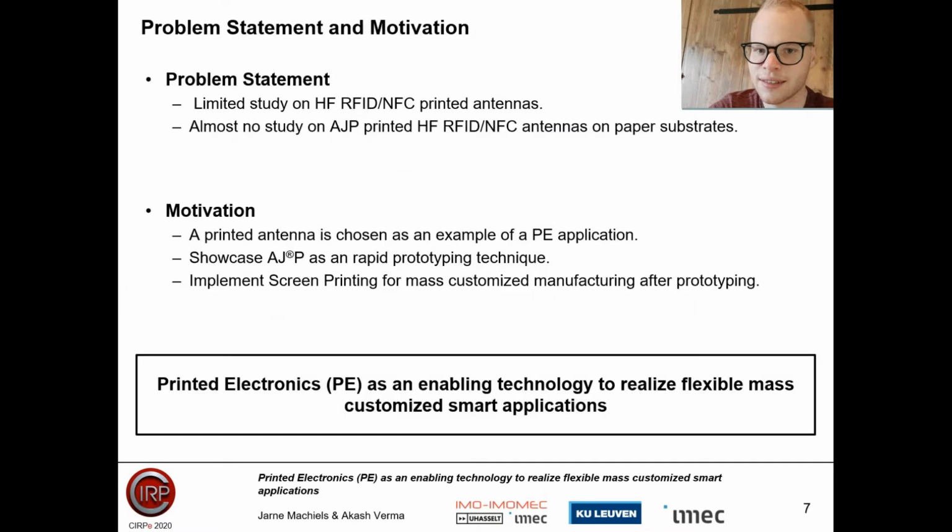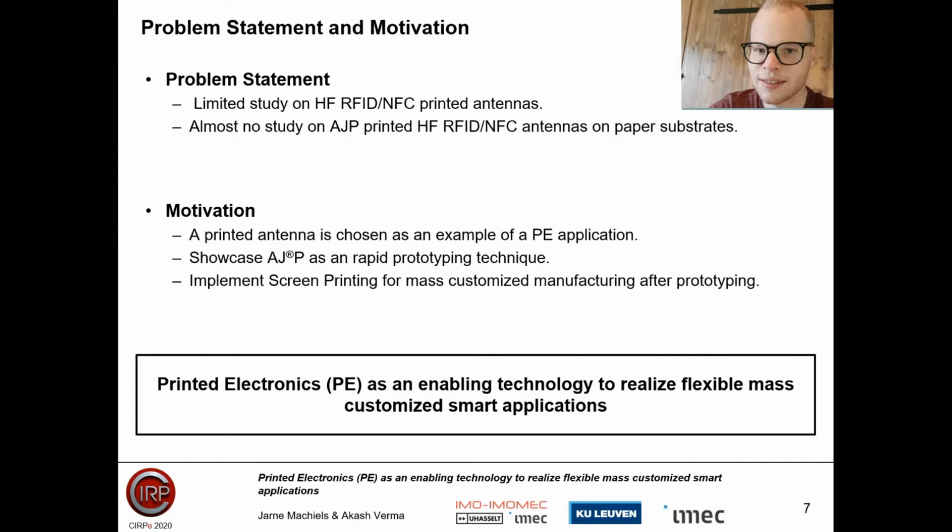The problem statement of our research is that the study of high-frequency RFID NFC printed antennas on paper substrates is limited. If you look into the field of aerosol jet printed antennas, almost no studies are available.